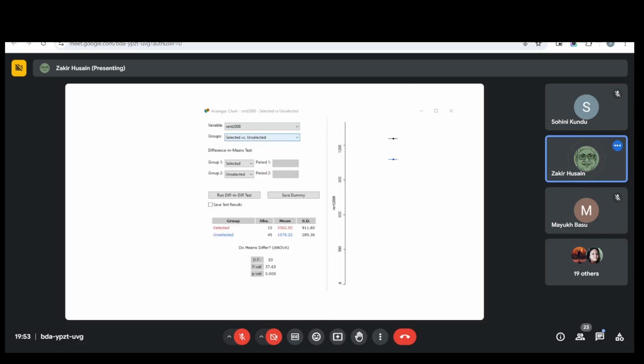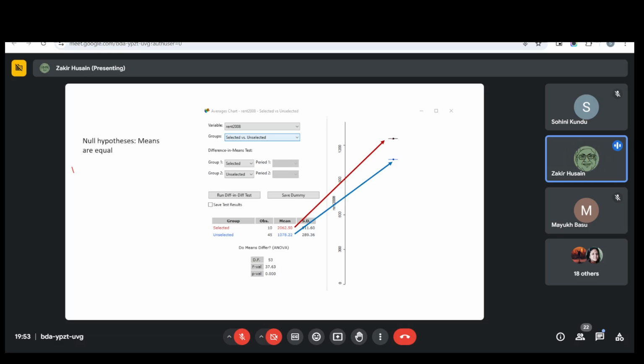Then you can see that selected, this is Manhattan, much higher. The average rent is 2,062. And in the remaining areas, the rent is much lower, about half, 1,078.